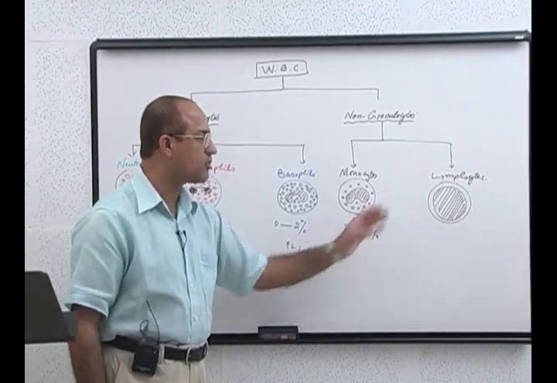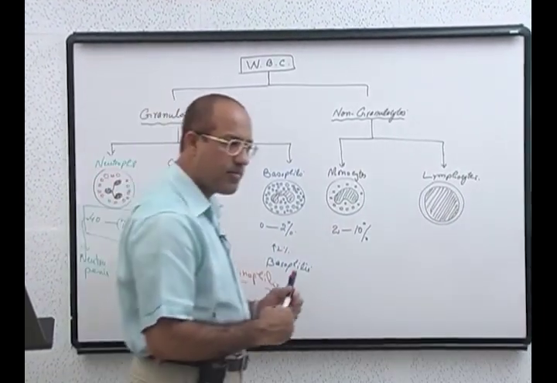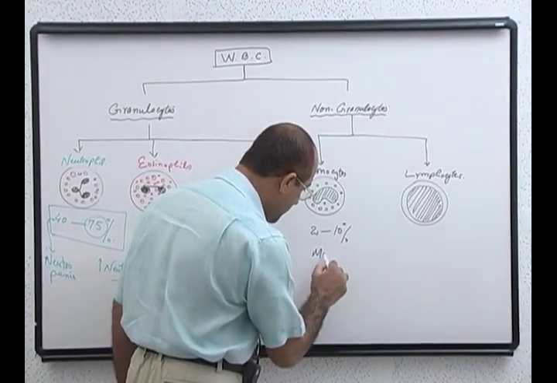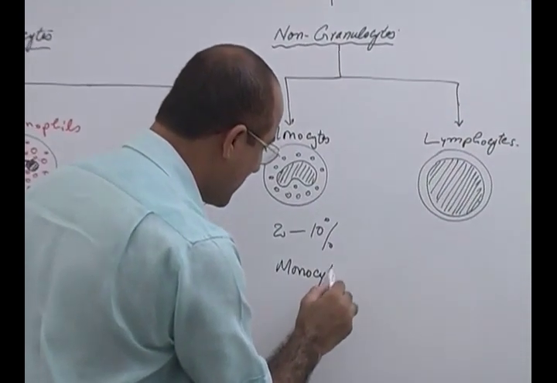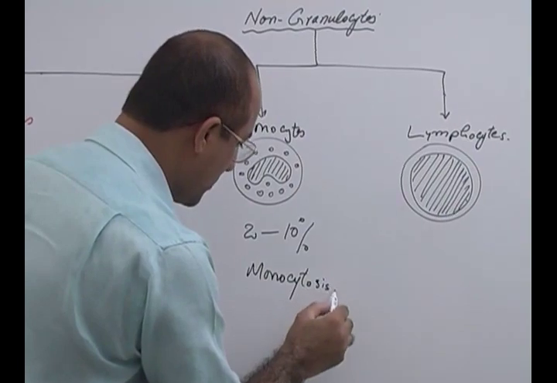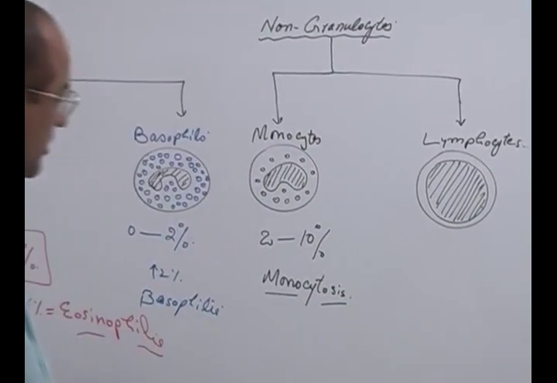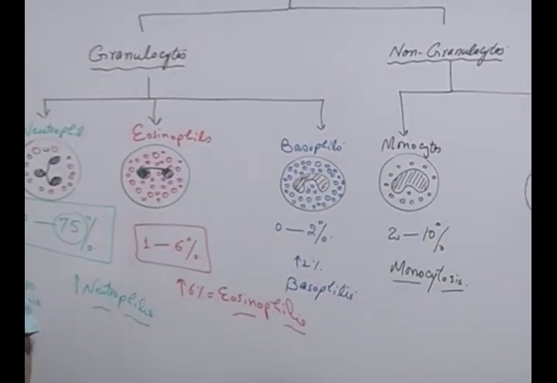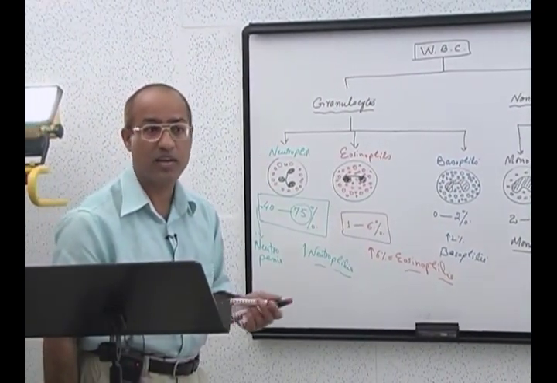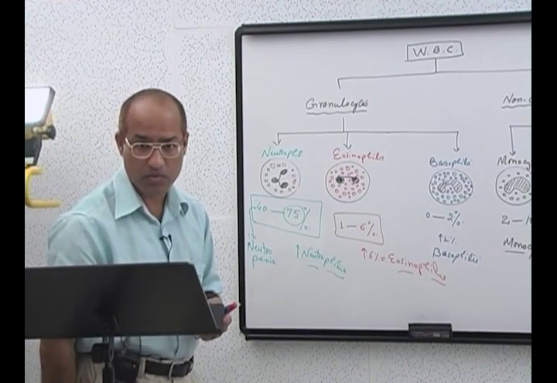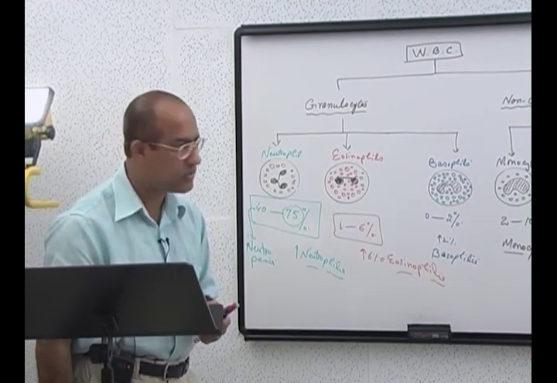If they are more than 10%, the condition is called, here not philia, monocytosis. Medical science, like life, is not so easy. If someone has, for example, 20% monocytes in the white blood cell percentage, we call it monocytosis.